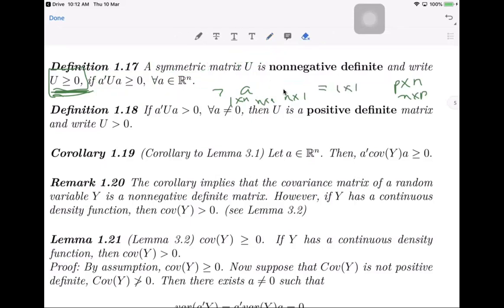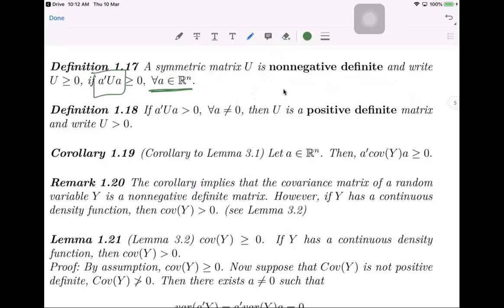It is non-negative definite if you can find an n by 1 vector, not necessarily constant, such that if you pre-multiply U by that vector and post-multiply it by that vector, the result is also non-negative. So if this is non-negative, automatically Q is also non-negative.